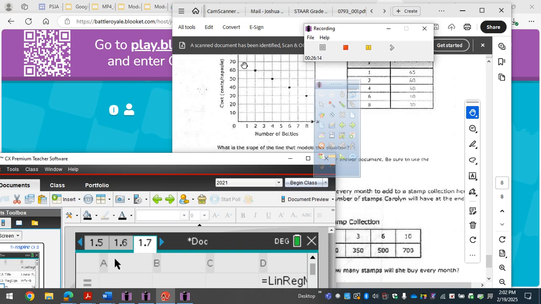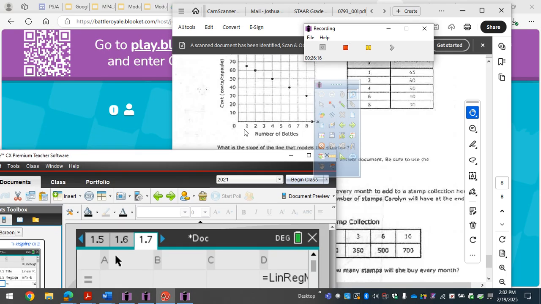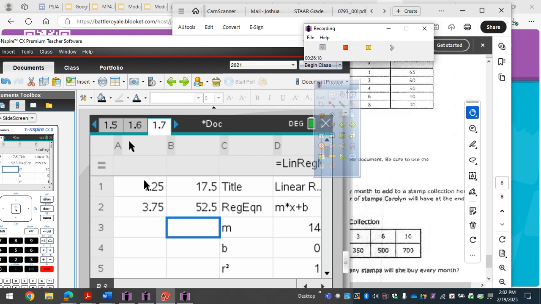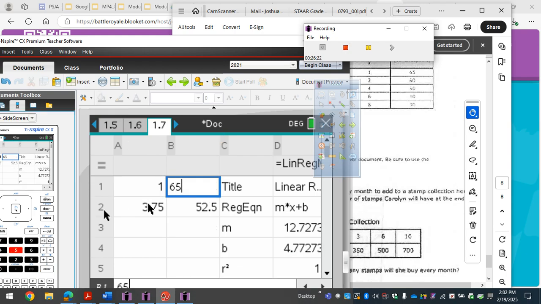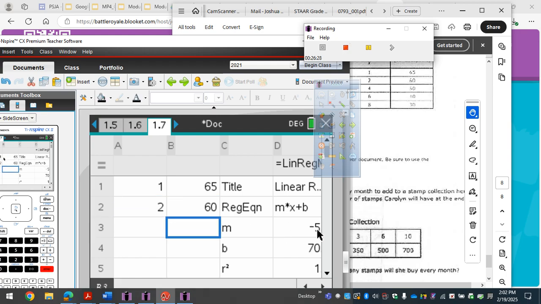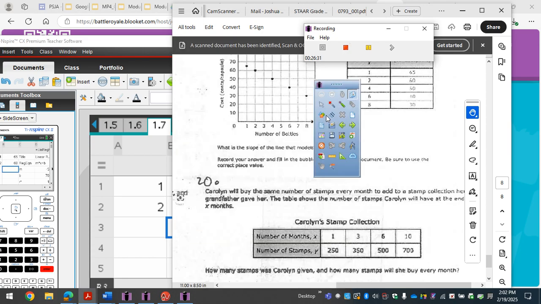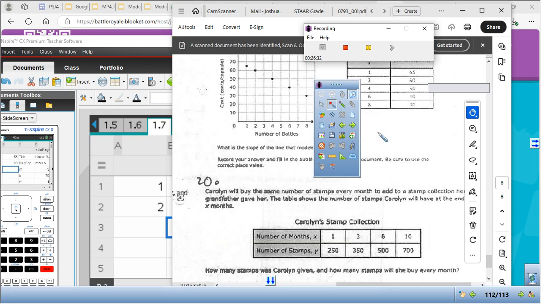Look, if that's a slope, look at the lines coming down. We know it's negative for sure. And I'm not going to even think. I'm going to use the numbers here that are given to me. 1, 65, 2, and 60. You can tell it's going down by negative 5. So slope for this one would be a negative 5. Negative 5 is your answer for that one.